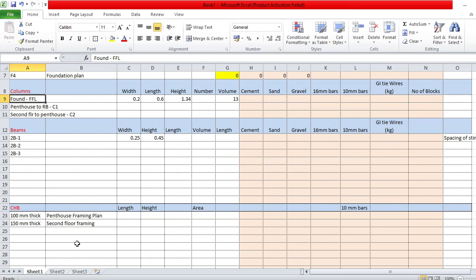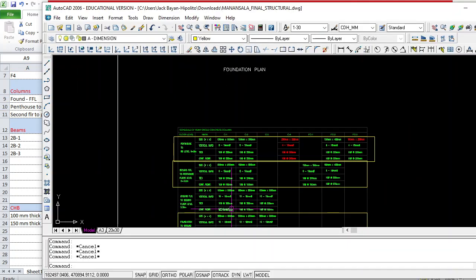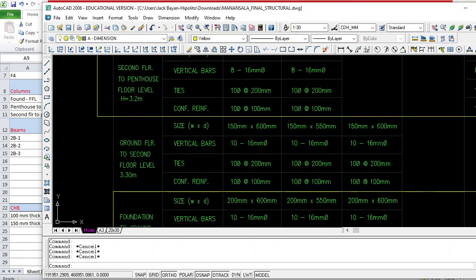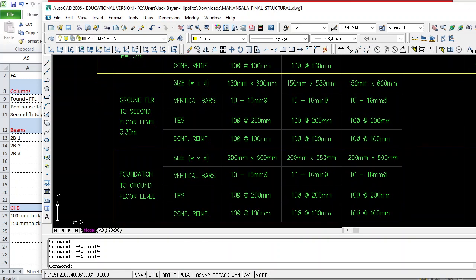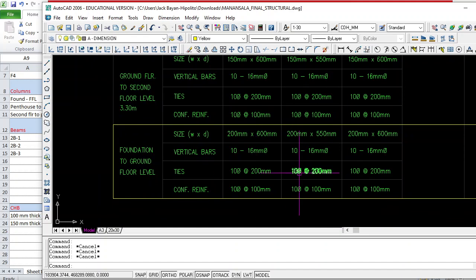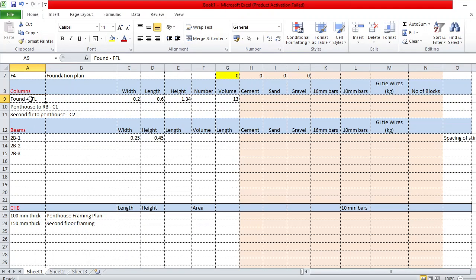And then, for your foundation, you will be using this one. Ano na rito? Your choice. Pare-pareho lang pala eh. Okay? Pare-pareho ba? Ay, hindi. Use C3 naman. Okay? So, for foundation to ground floor level, you use C3. Okay? Maliwanag.